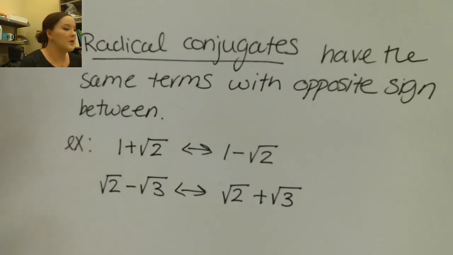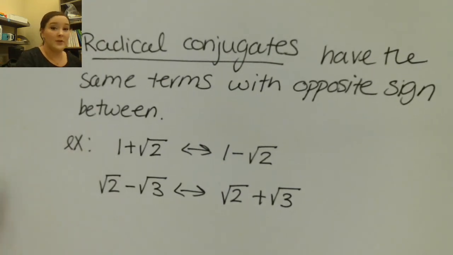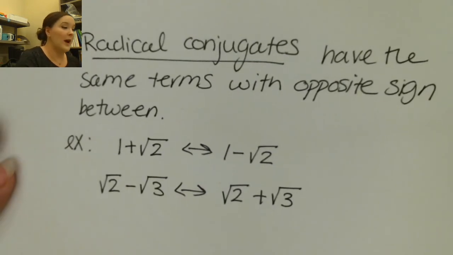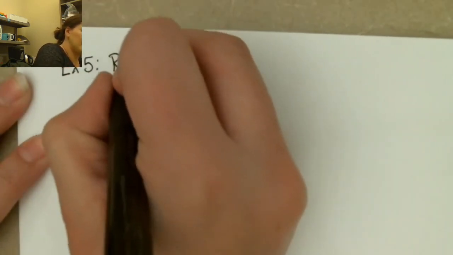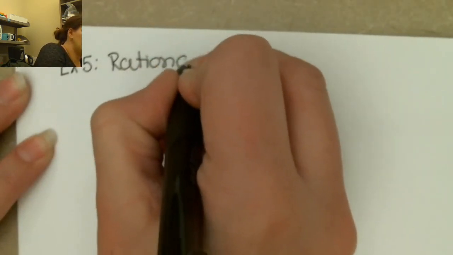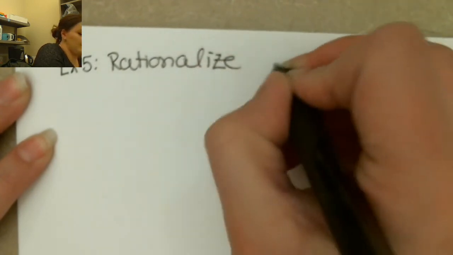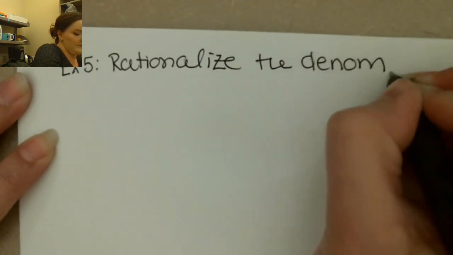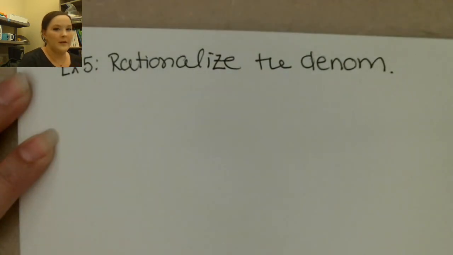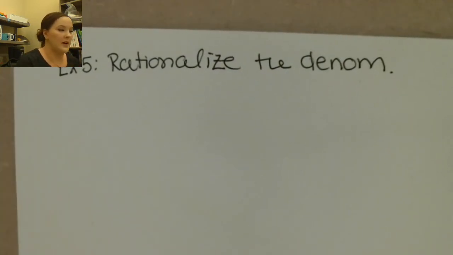What we use this for is division or rationalizing the denominator. Let's do a couple examples of this. I'm going to put explicitly in the directions that we're meant to rationalize the denominator.